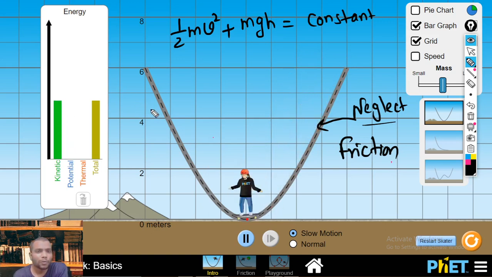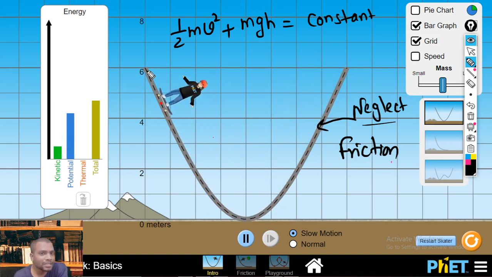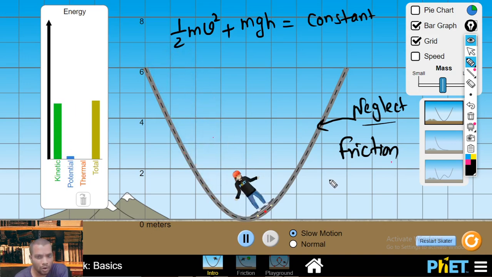So the potential energy converts into kinetic energy and kinetic energy converts into potential energy, but the total energy remains constant. This is known as the law of conservation of energy. As a statement, we can say that energy is neither created nor destroyed. It just transforms from one form to another form. So that is the definition of the law of conservation of energy.